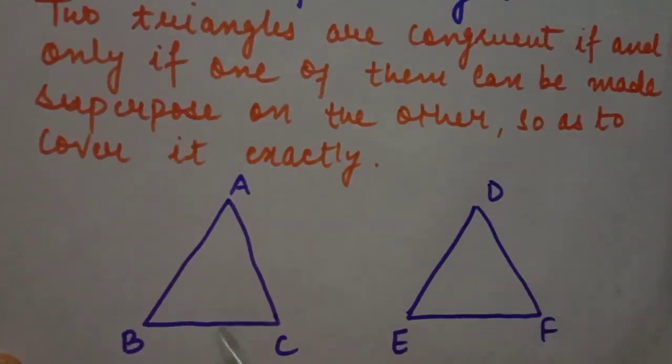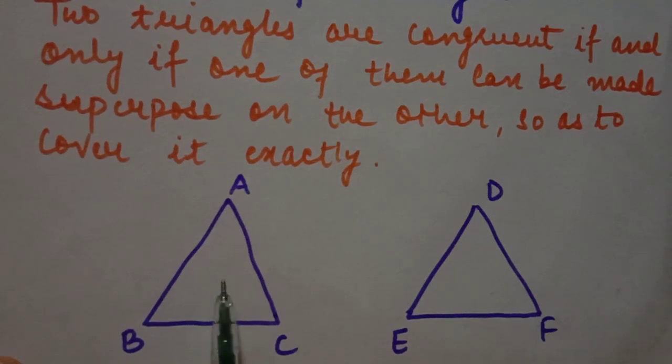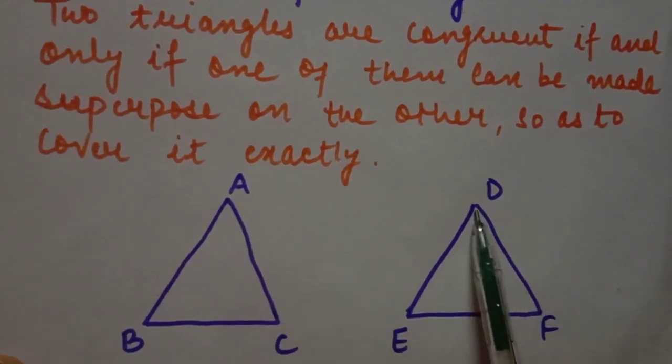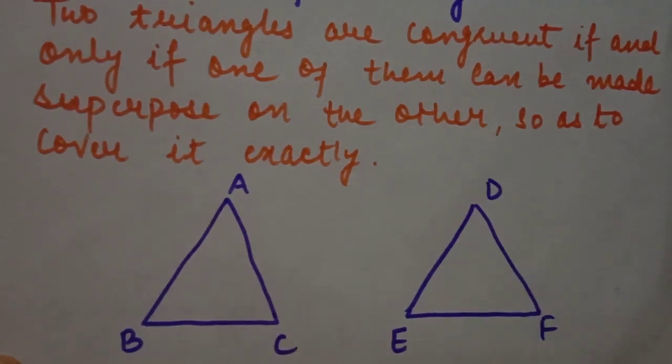If we have two triangles ABC and DEF, and we want to prove them congruent, we have so many methods or elements to prove that. First of all, if I put triangle ABC on triangle DEF, then vertex A is placed here, B should be here and C should be here.